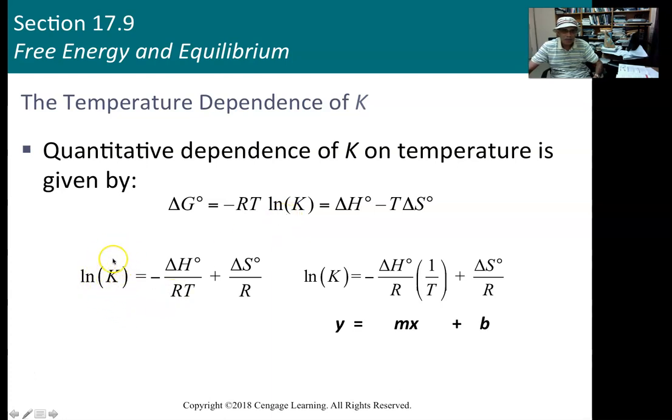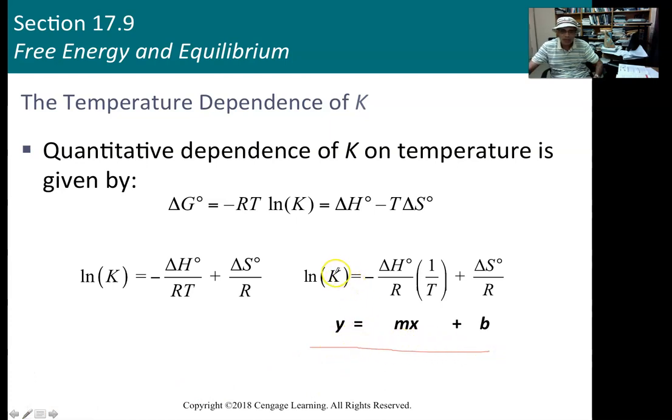Here you have delta H over RT and delta S over R, and factor out so that it looks obvious, into a form you should be able to relate. This is a straight line.